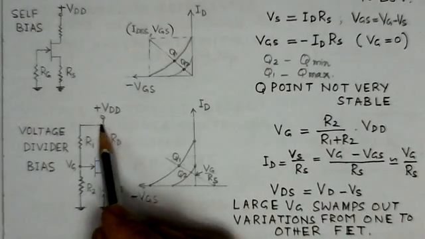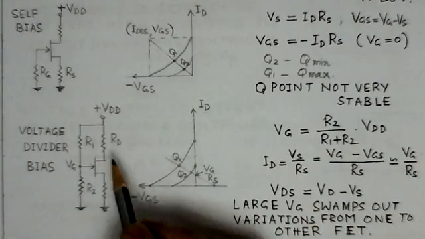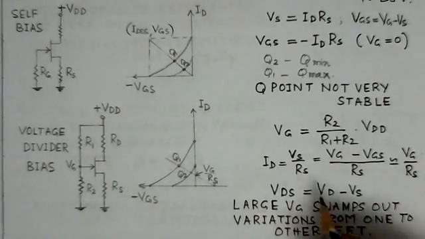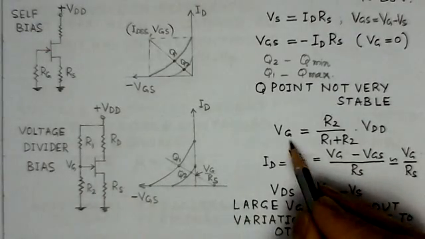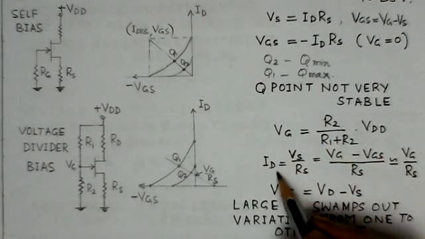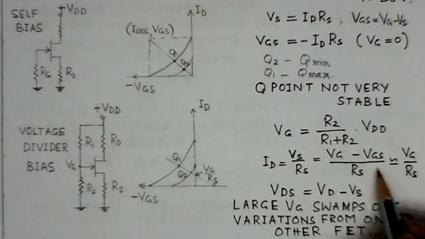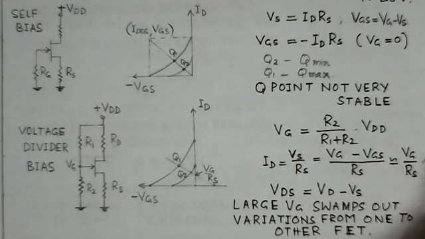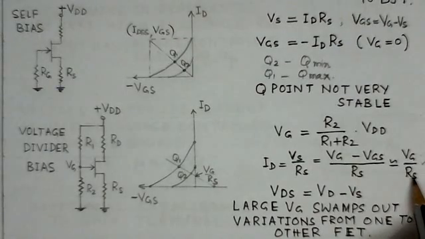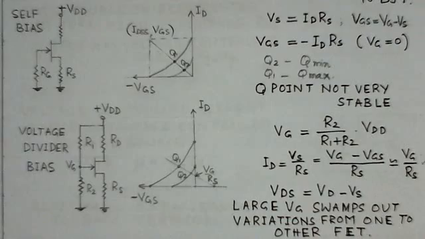Now this is a voltage divider bias. As usual, R1 and R2 are the potential divider, and RD and RS are the resistances here. The value of VG is R2 over R1 plus R2 times VDD. As usual, ID is VS over RS, that is VG minus VGS over RS. Approximately you can write VG over RS, since VGS could be taken approximately 0.